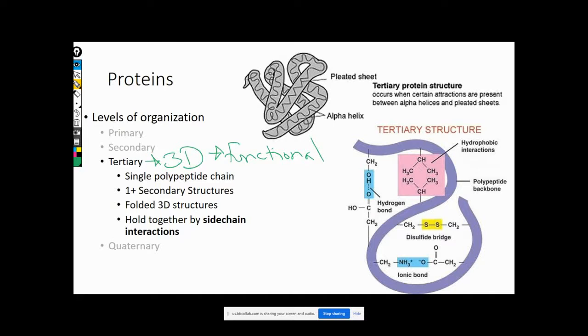So there was a really good question in the chat. Somebody said, I thought that secondary was 3D since it was folded and twisted. So we're kinked, but we're kinked flat. Imagine that piece of paper on the table, and all you've done is pleat it up.